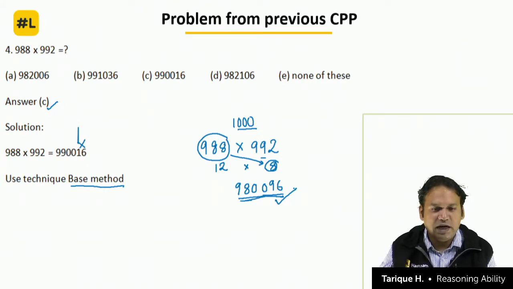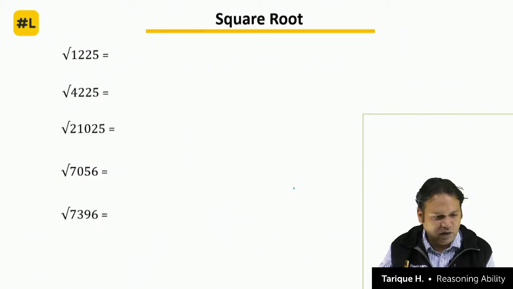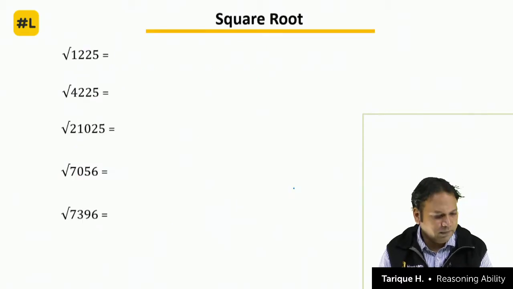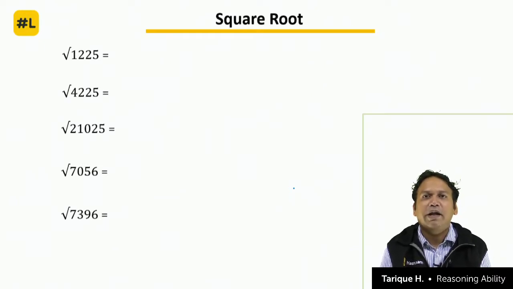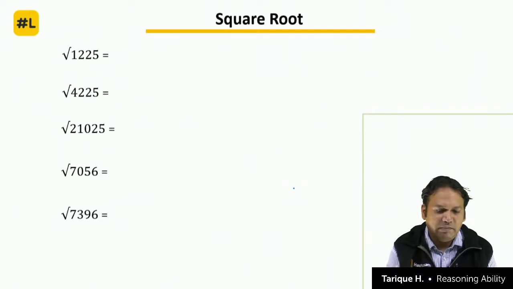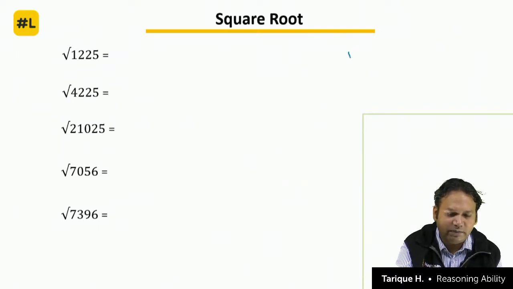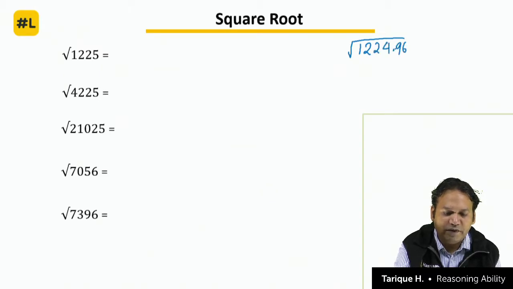So now we'll start with the first concept, and that is square root. Let's say you have these square roots to calculate, and you have to do this in the examination while solving a question. Maybe in an approximation question you get something like 1224.96, and they're asking you to find out the approximate value.